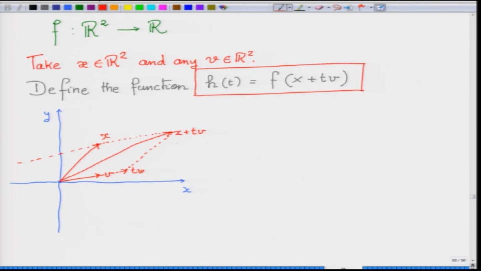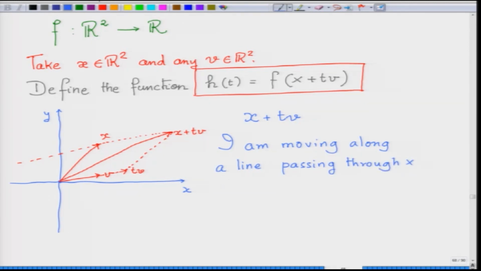So, basically when I am talking about this point x plus t v, what I am doing is moving along a line in R2, of course, passing through x and parallel to the vector v.